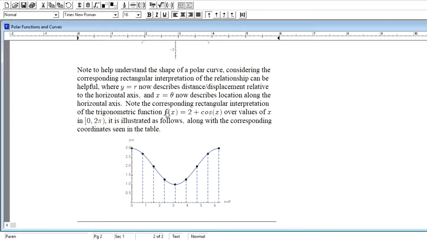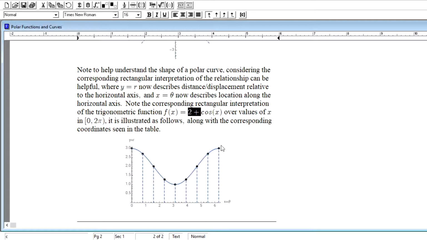The corresponding curve given by 2 plus the cosine x would be this classic cosine wave. This classic cosine wave that is shifted up 2 units in space, which produces this cosine wave here, where this vertical height is being described by r, and that angle measurement is really just this location along the x-axis, where we can see if we're at an angle measurement of 0, we are 3 units away. At pi, though, we're 1 unit away.